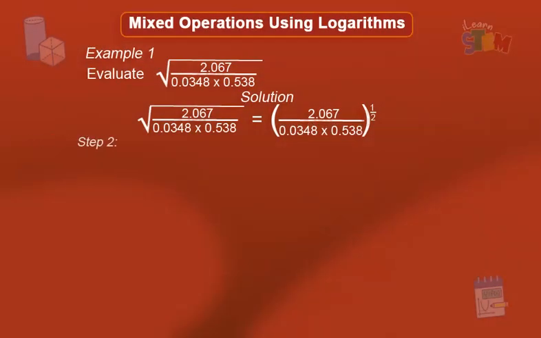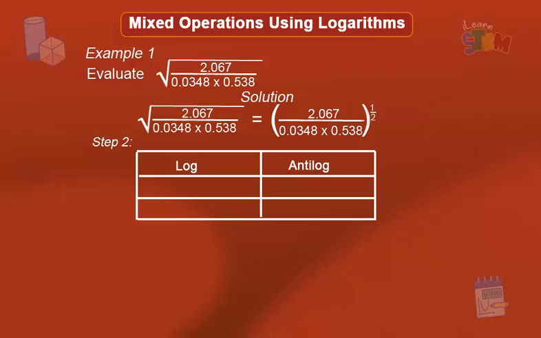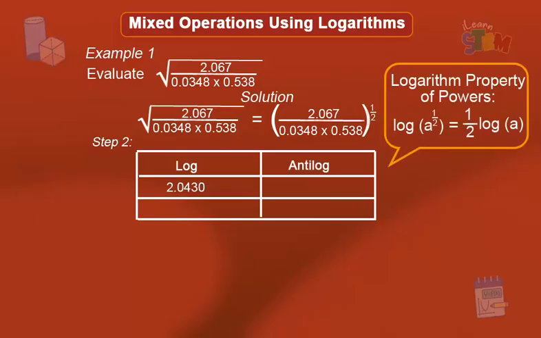For the second step, we will draw another table, and insert the answer from step 1. Let's now solve for the fractional power of the log, 1 over 2. To do that, we will apply the rule of logarithm property of powers, which states that log a raised to power 1 over 2 is equal to 1 over 2 times log a.